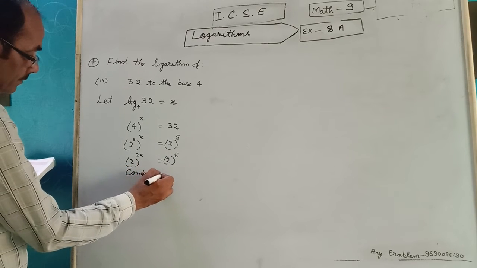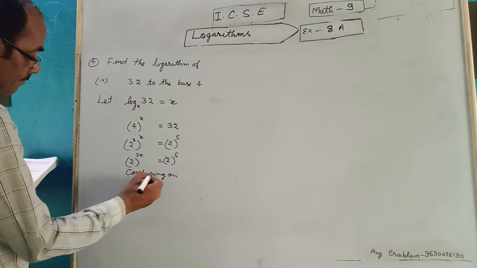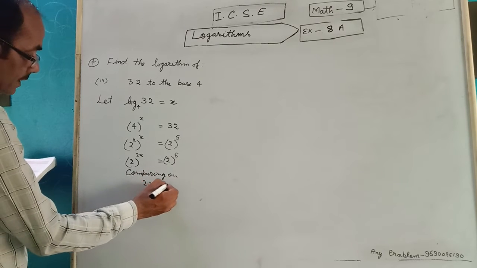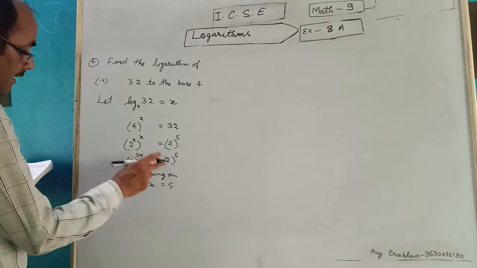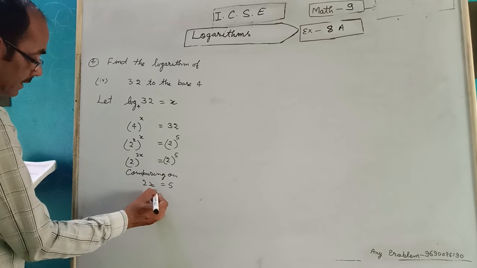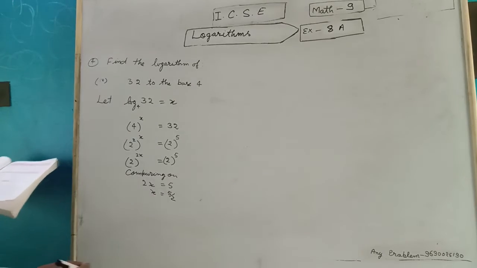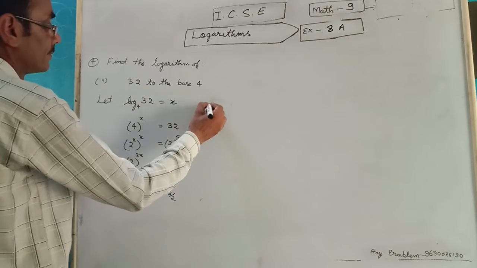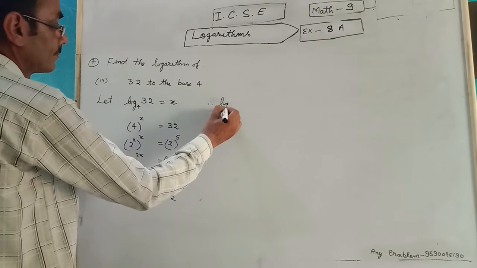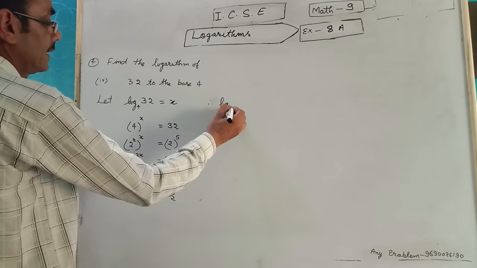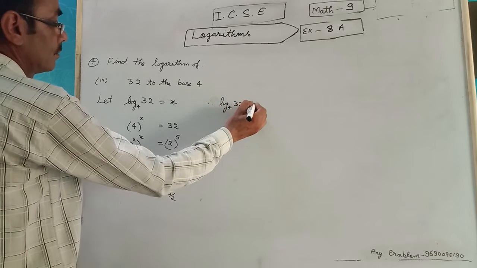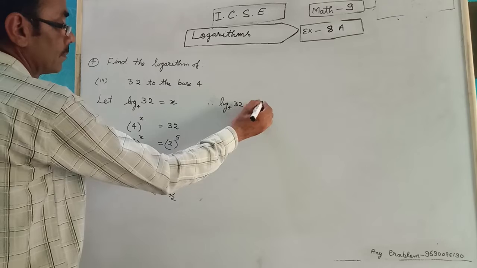Comparing, 2x is equal to 5. x is equal to 5 upon 2. Log 4 base 32 is equal to 5 upon 2.